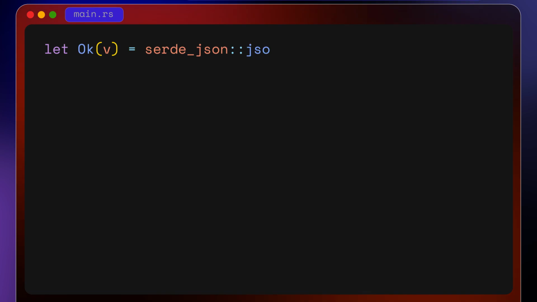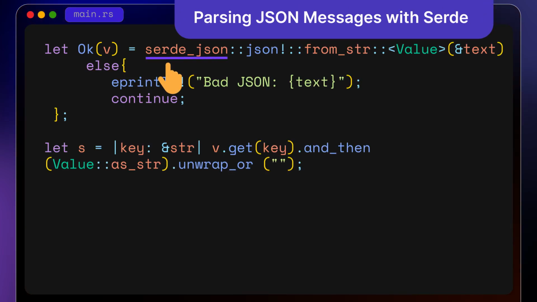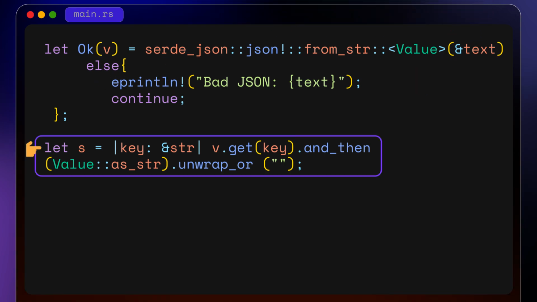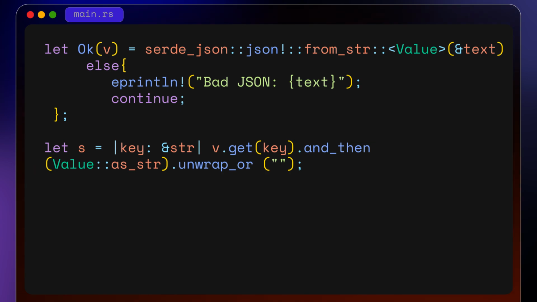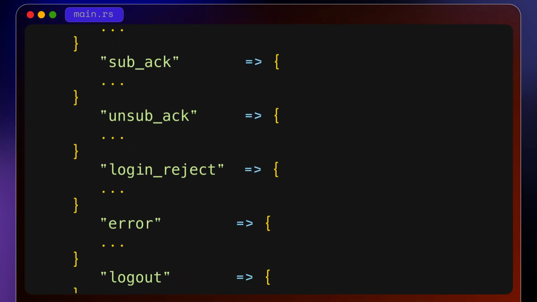In order to parse the incoming JSON messages into a Rust object, we will use Serde JSON. We will convert the raw text into a generic JSON value, which we store in v. s is a helper function to safely read text fields from v. match s("type") checks the incoming WebSocket message's type value and runs the matching block. These checks are to parse control messages.